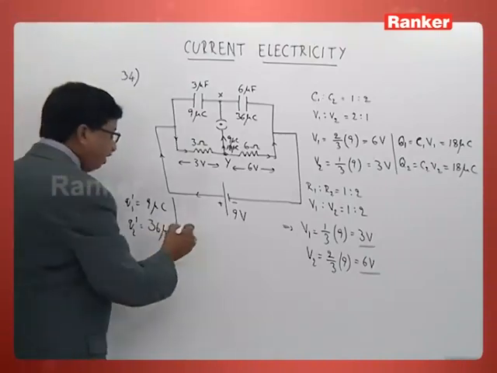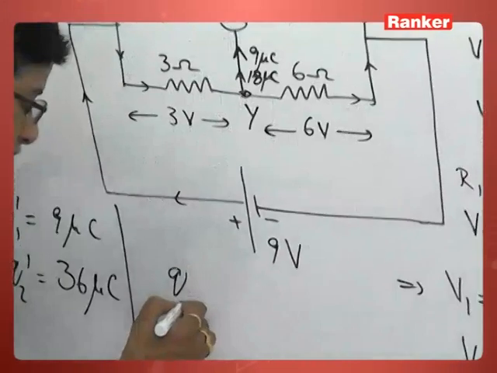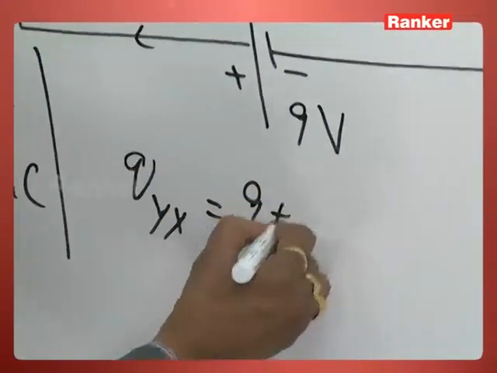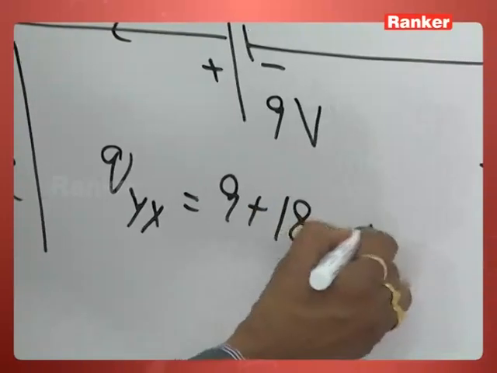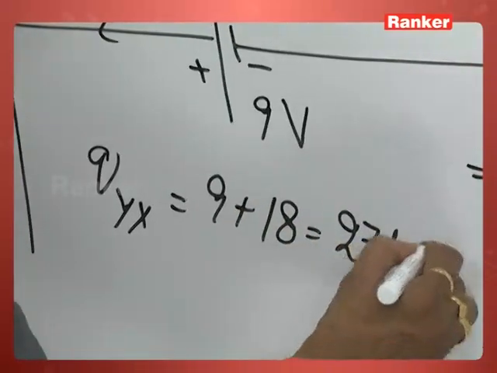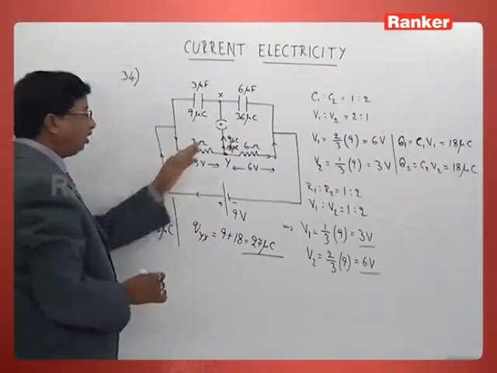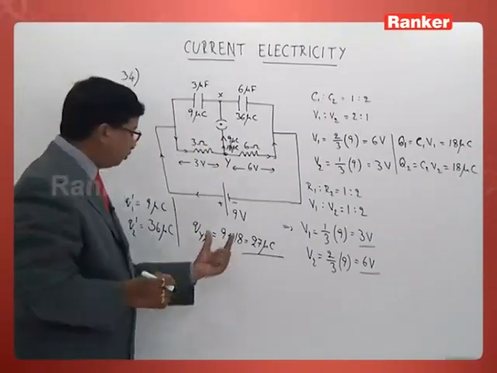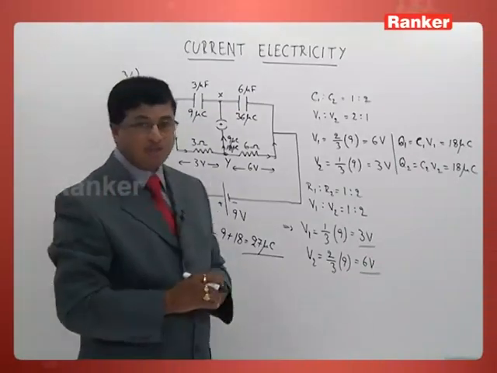That charge passing across YX should be 9 plus 18. How much will it now be? 27 microcoulomb. So the charge passing through the system, which is the question, should now be 27 microcoulomb.